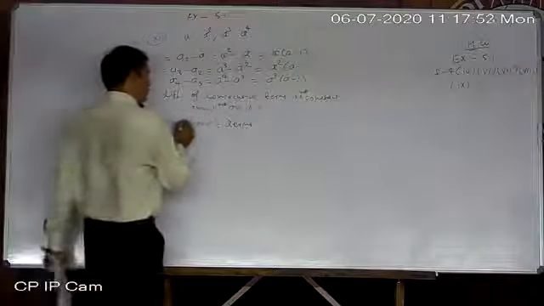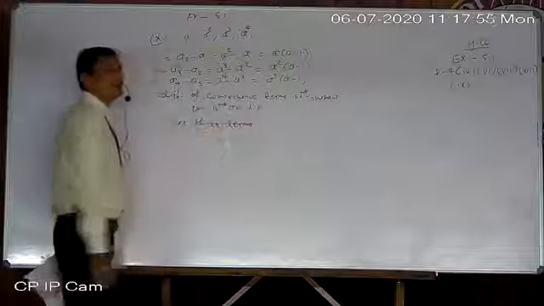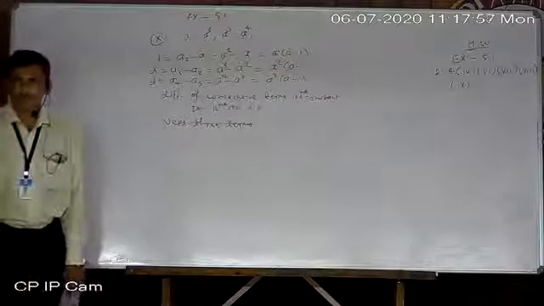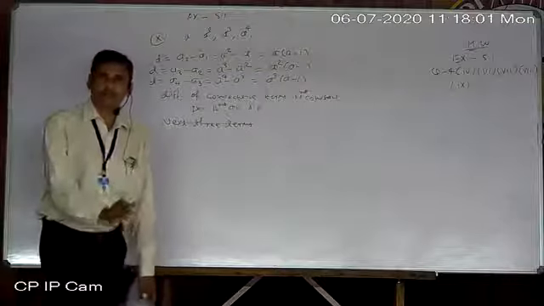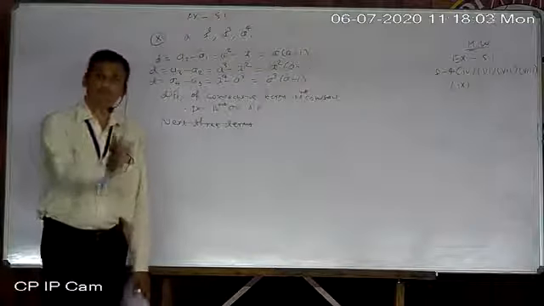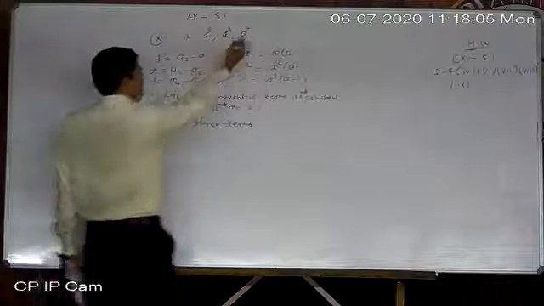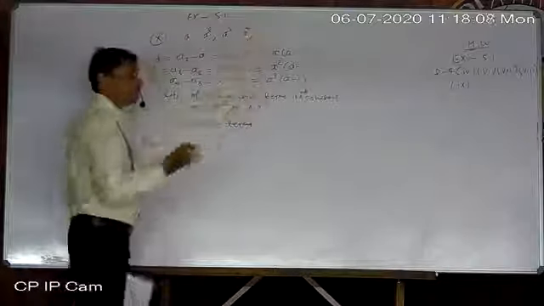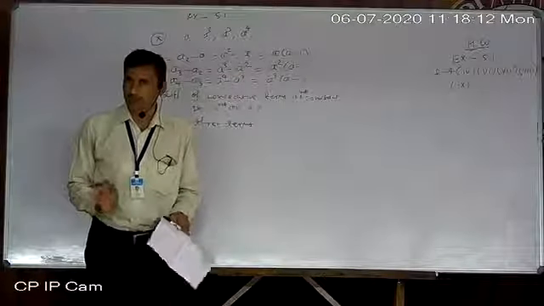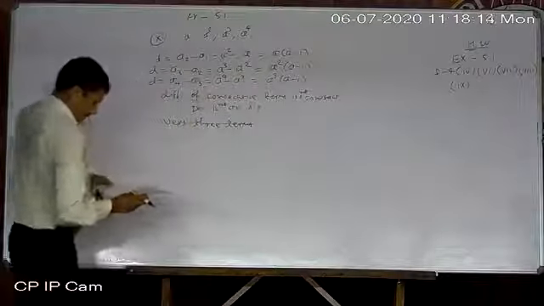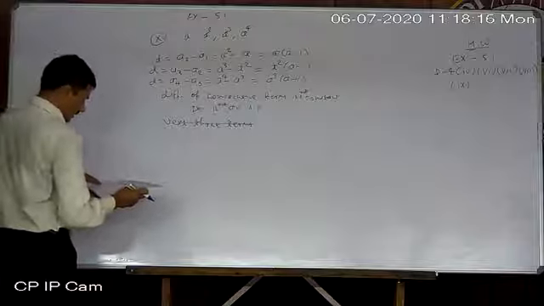So no question arises of writing the next 3 terms. Because it is clear, only if it is an arithmetic progression can you write the next 3 terms. Otherwise I could write here A raised to 5, A raised to 6, A raised to 7. But it is not asked. Okay. Now, number 12.